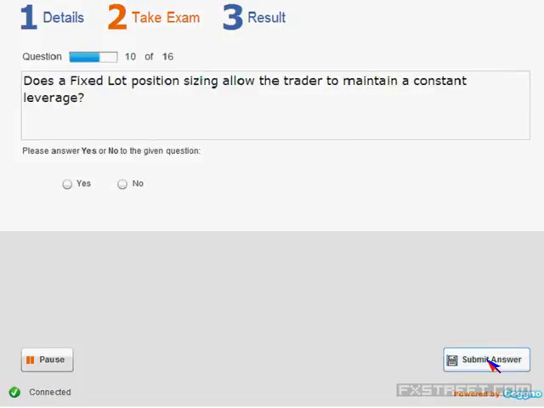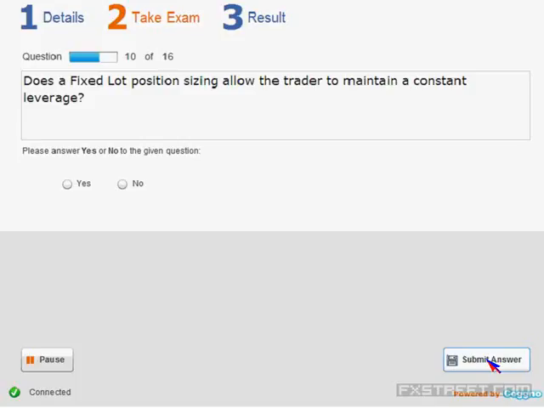Does a fixed lot position sizing allow the trader to maintain a constant leverage? Are you able to maintain a constant leverage with a fixed lot position sizing if you trade always with the same lot?